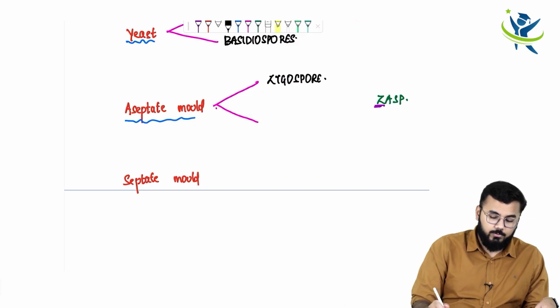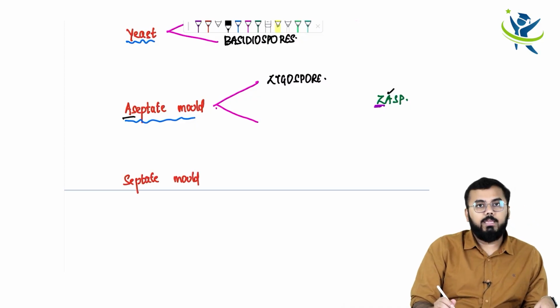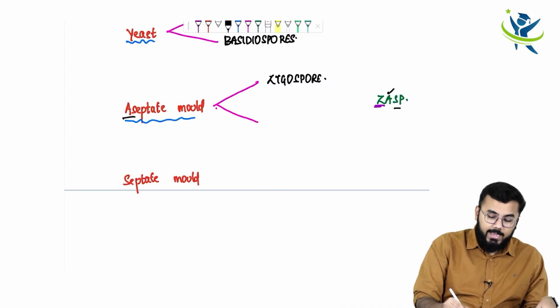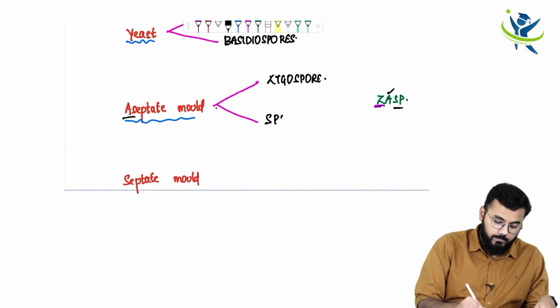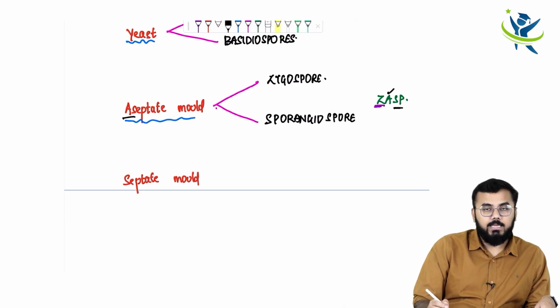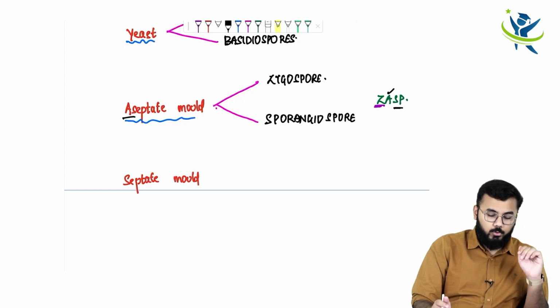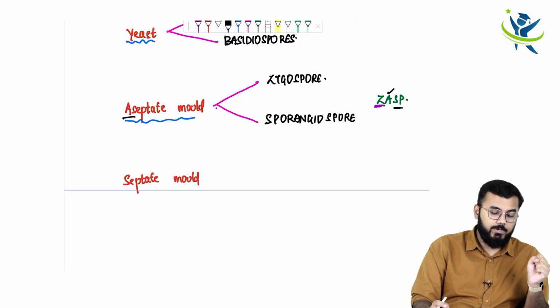A here stands for aseptate mold. And SP stands for sporangiospore. So Z stands for zygospore, and A in between stands for aseptate mold.